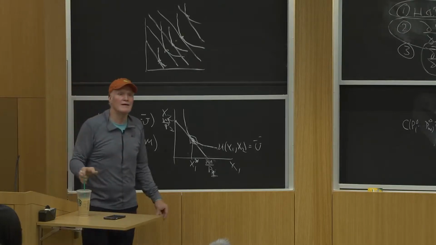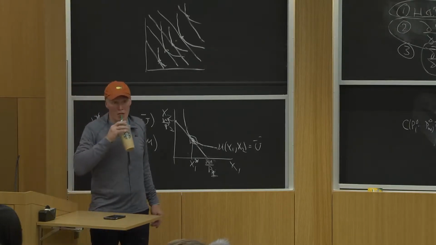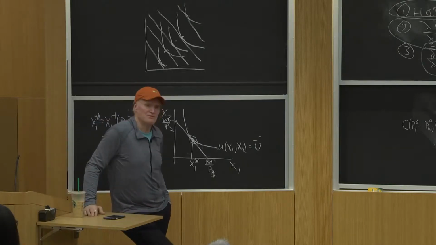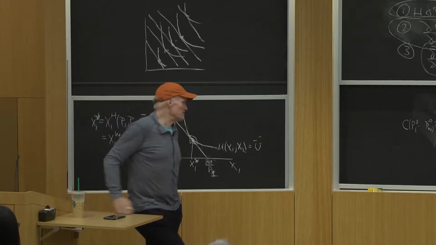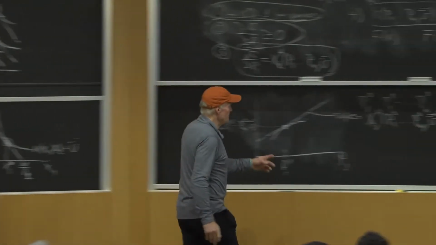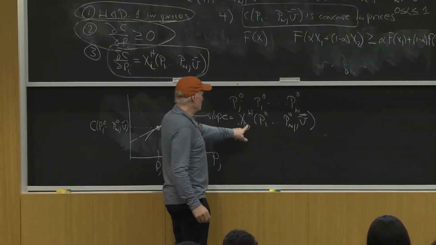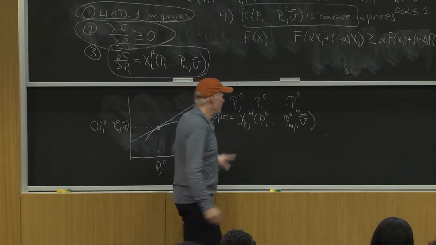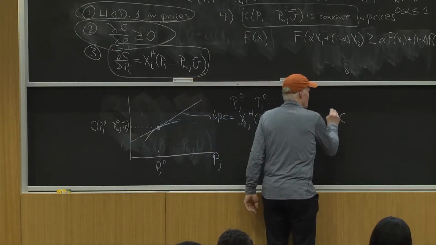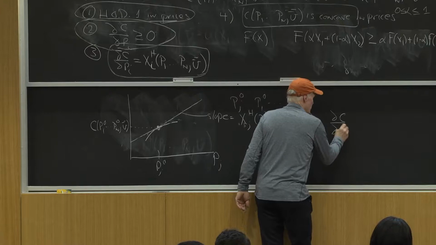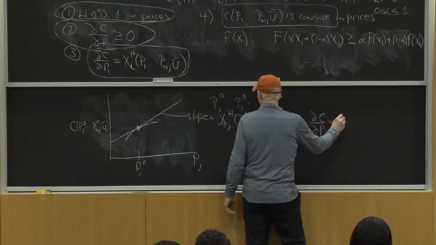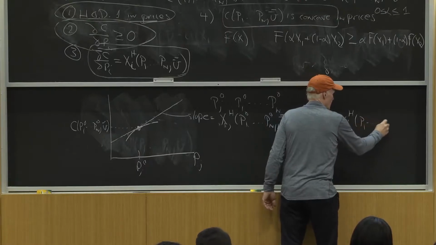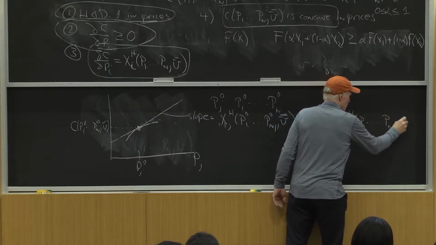Is there a direct relationship between the curvature along one price dimension and the elasticity for that good? Absolutely. Because think about it. Think about the slope is this. So the partial of C with respect to P_j equals x_j^h(p_1 up to p_n, ū).